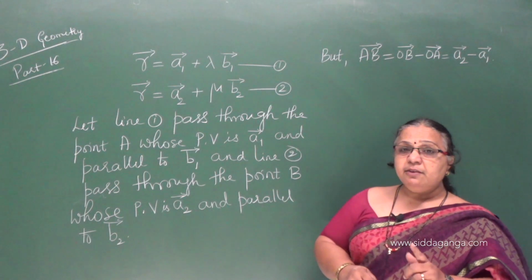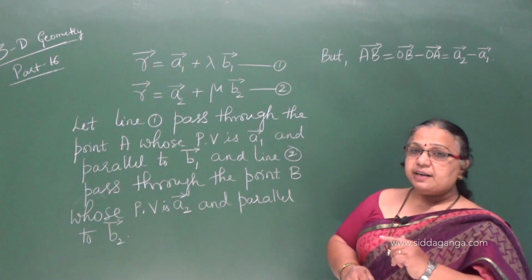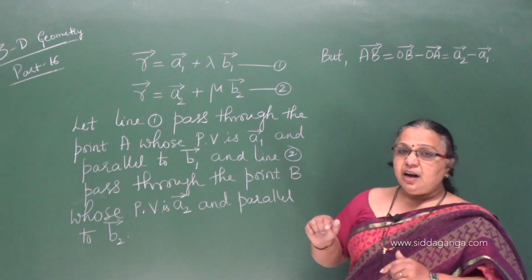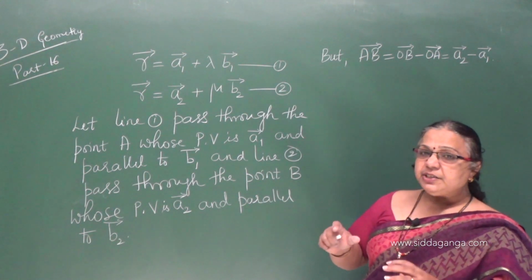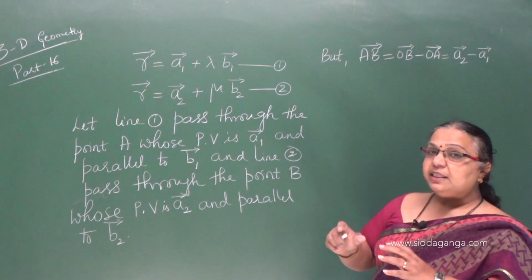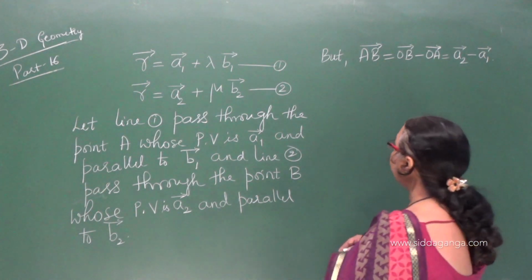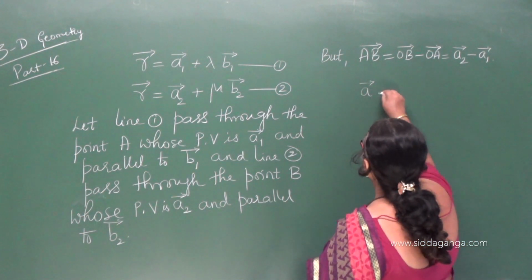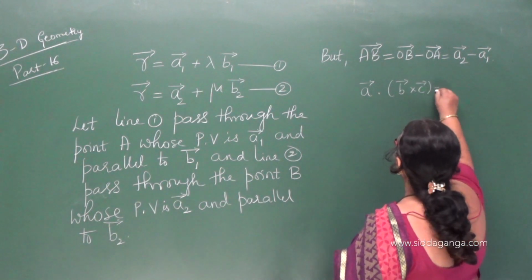If the three vectors are vector A, vector B and vector C, then these three vectors are coplanar, means they lie in the same plane, if their scalar triple product, written as vector A dot B cross C, is equal to 0.